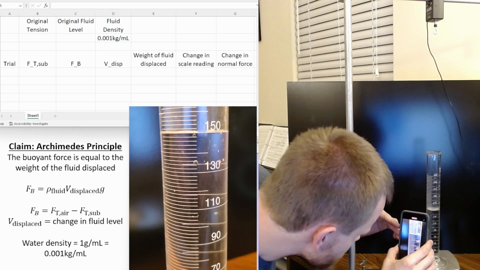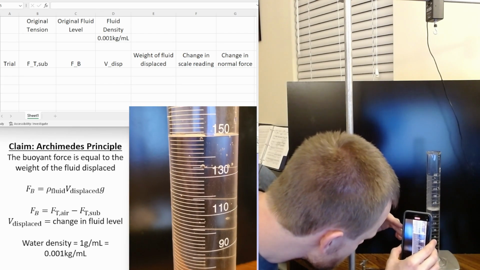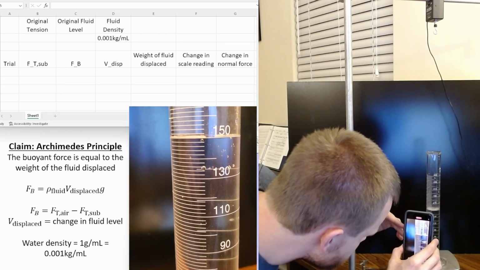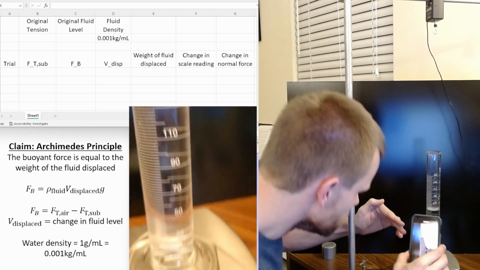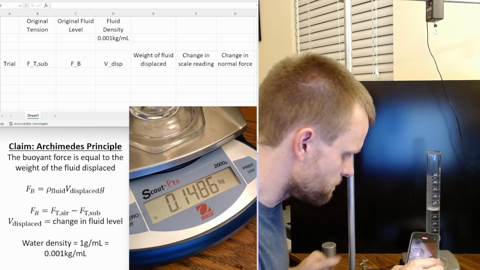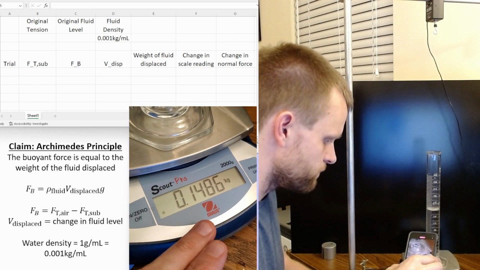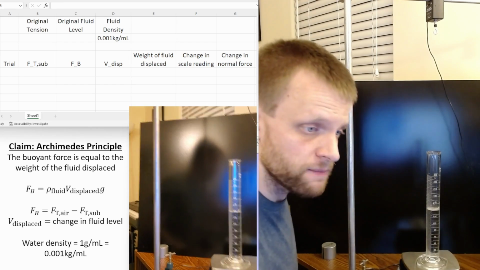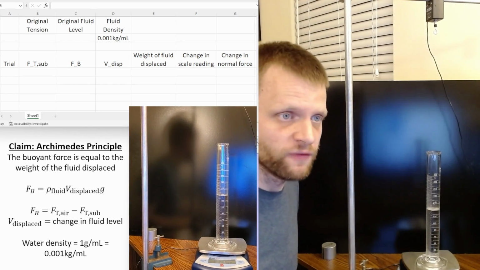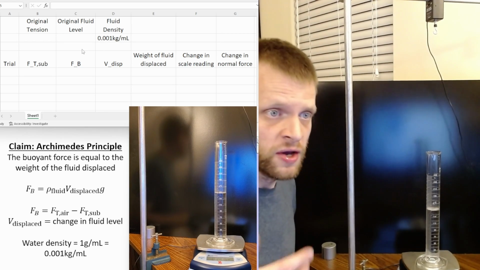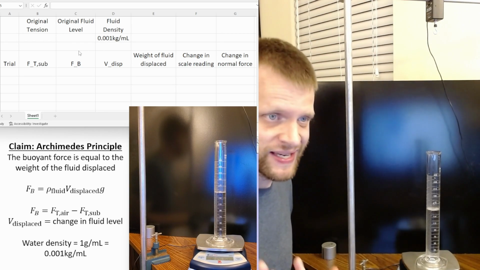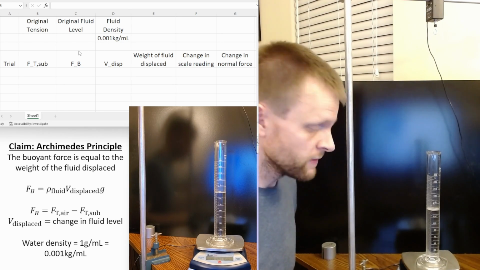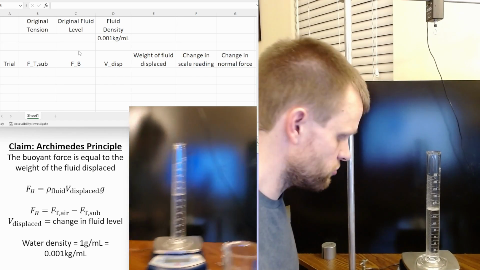I tried to get that water level around 150, and that worked pretty well. And notice that the mass in kilograms is around 0.15, just a little bit shy of that. So again, that matches up with the density of water value of 0.001 kilograms per milliliter. I'm still going to zero that one.